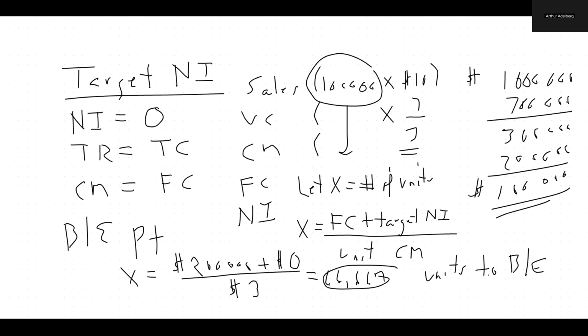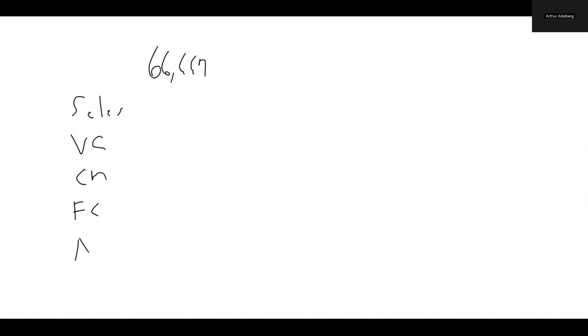So what do I do? I make up a cost behavior income statement at 66,667 units. Sales, variable cost, contribution margin, fixed cost, net income. If I get 0, then I know I did it correctly.